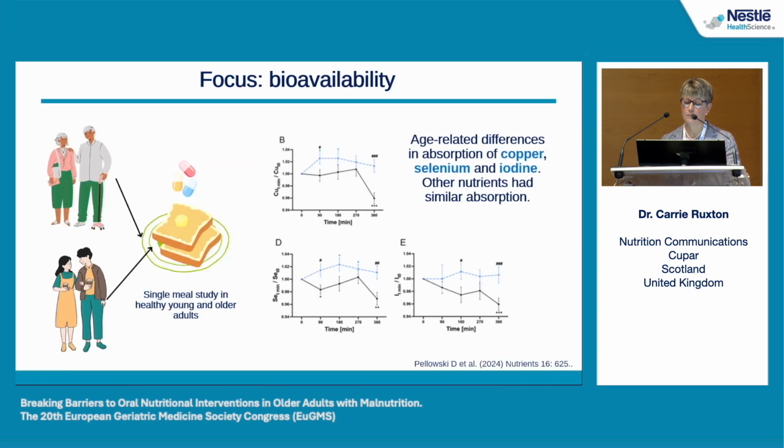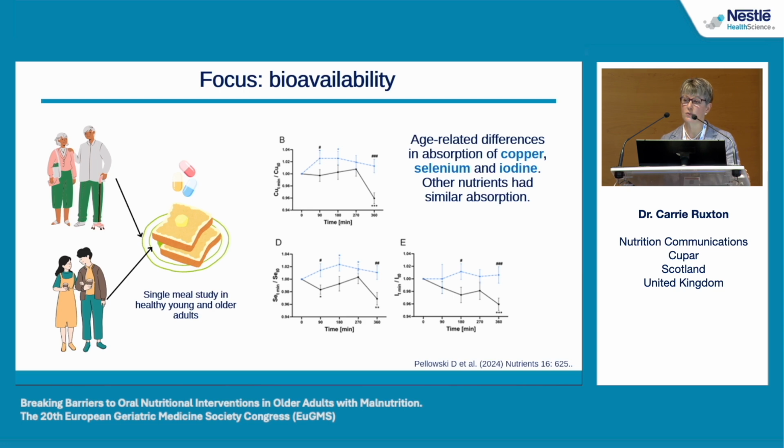I mentioned bioavailability. Here's a nice study which gave a standardized amount of micronutrients in a vitamin and mineral supplement along with a standard meal to older adults and younger adults. What they found was that there were some differences in bioavailability.